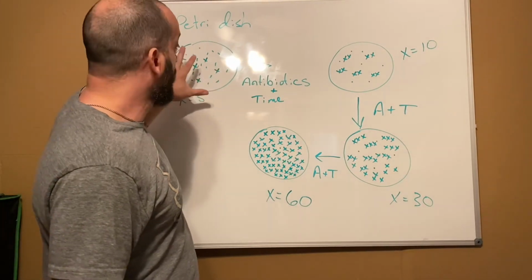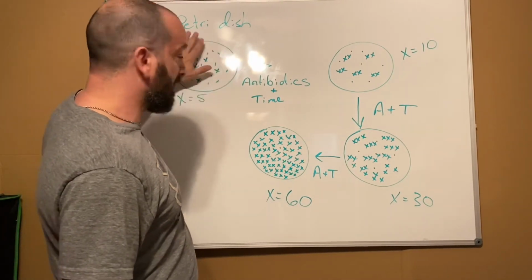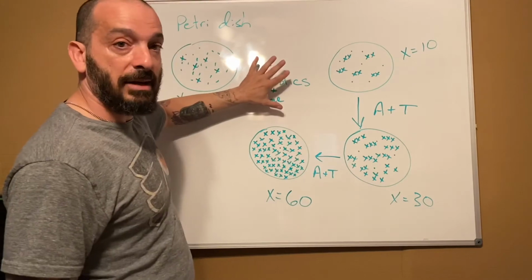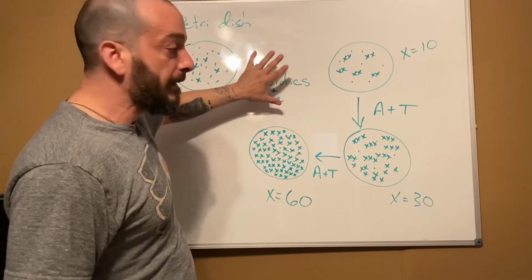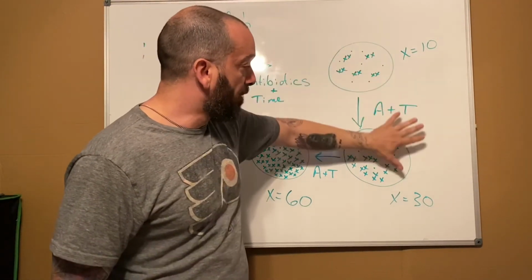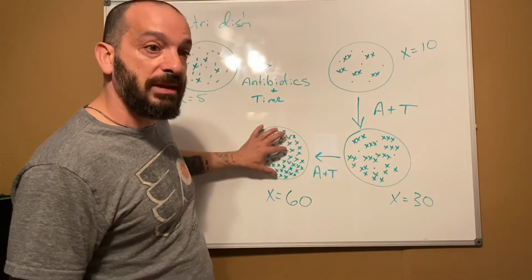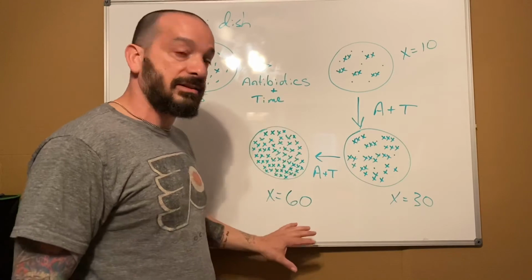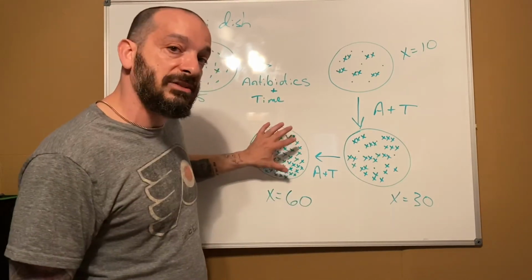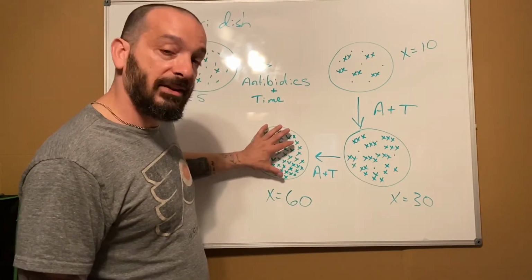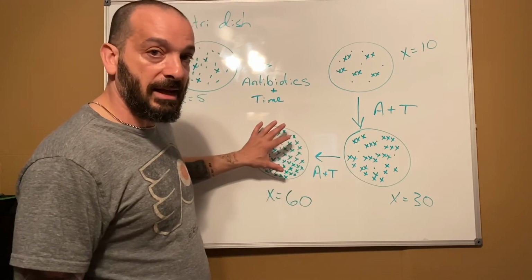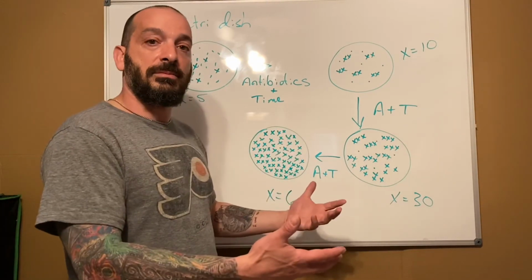So now we've taken this bacteria, by adding antibiotics to it, changing its environment, and we've basically evolved this species of bacteria to be resistant to antibiotics. Now we have a whole lot of these mutated bacteria that are resistant to the antibiotics, and that's how evolution works.